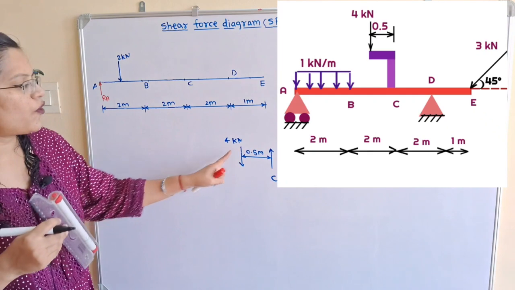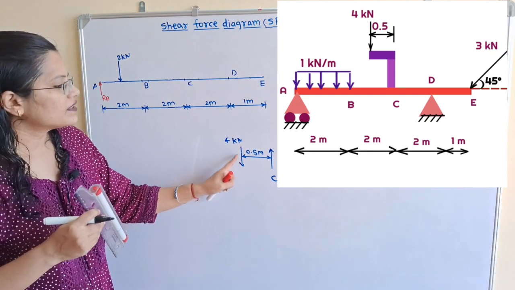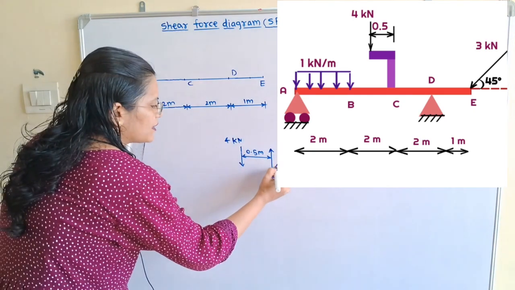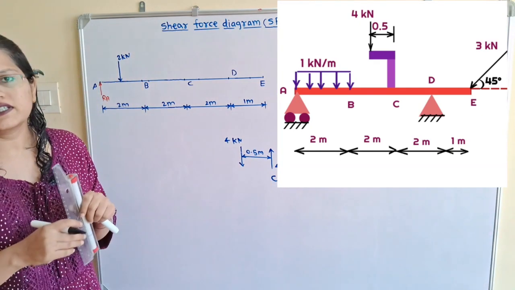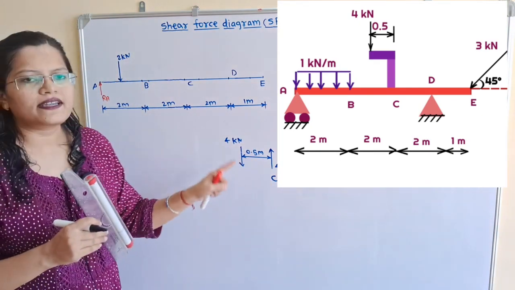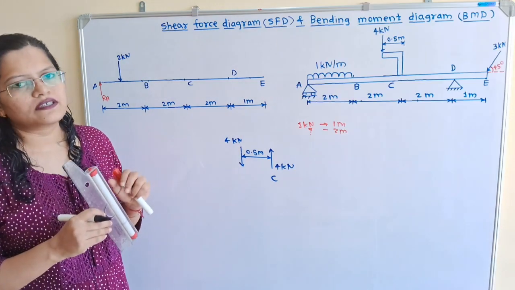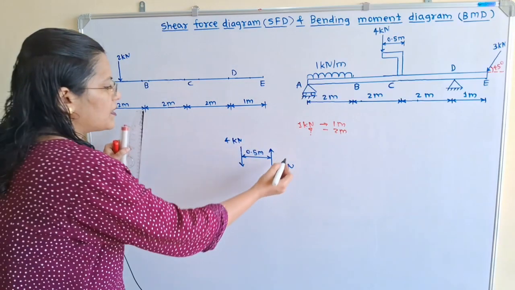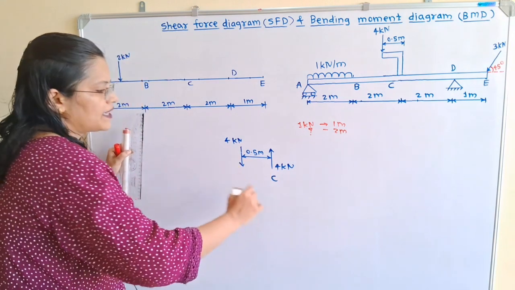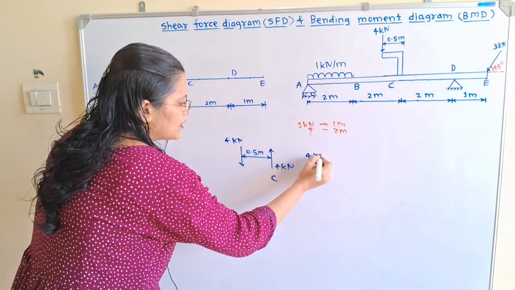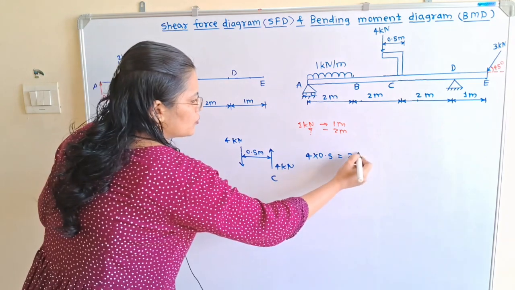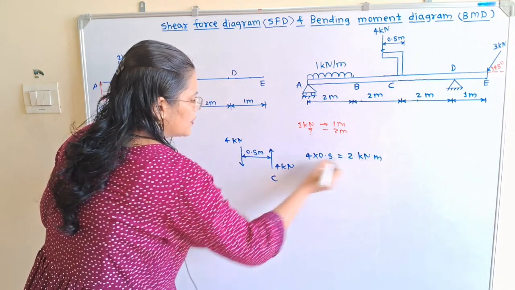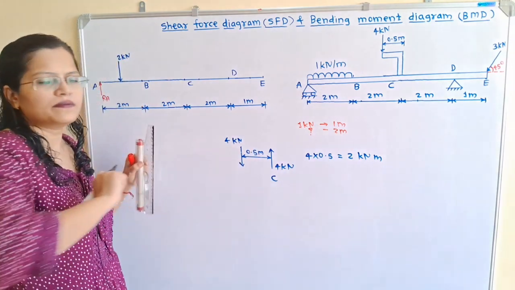So here is the formation of a couple, when two loads equal in magnitude but opposite in direction are kept at one particular distance. How to find the value of this couple? It is the load multiplied by the distance, that is 4 multiplied by 0.5, which is 2 kilonewton meter, because its unit is kilonewton and meter.